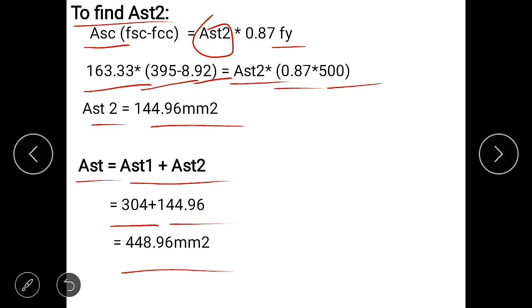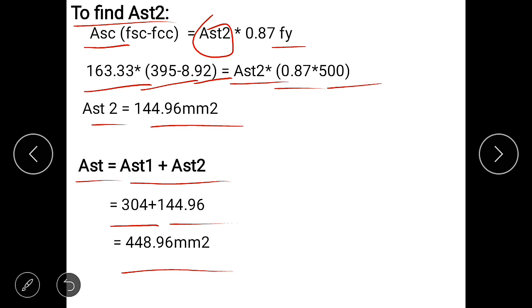So in today's lecture we solved 3 numerical examples. In the first we calculate Mu, the moment of resistance. How to calculate moment of resistance? First step we find Xu, then we find Xu max, after that we compare them and then we find Mu. In the second example we find W. In this example also we find Xu, Xu max, compare them, then Mu and then find W, the load.